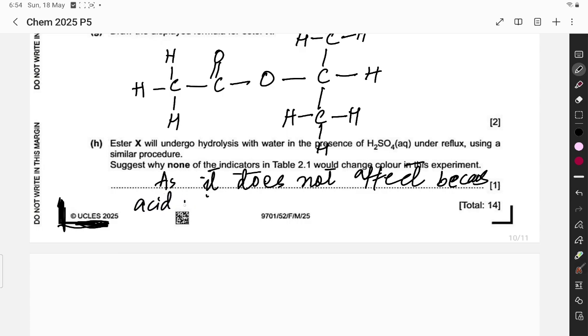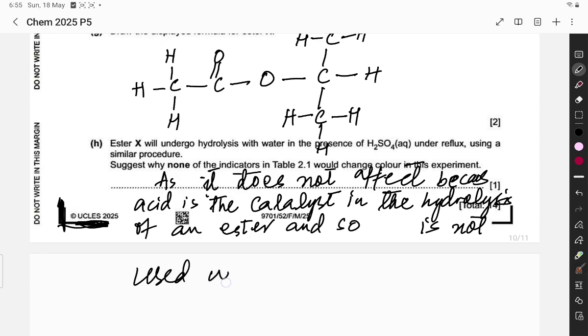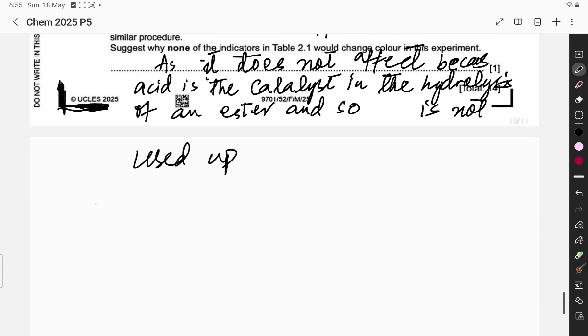Acid is the catalyst in the hydrolysis of an ester, and so is not used up. So the pH does not change.